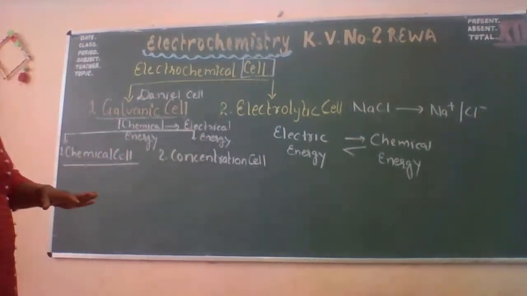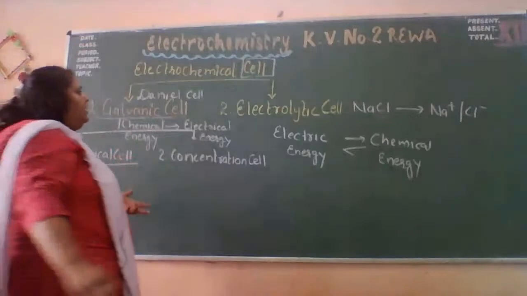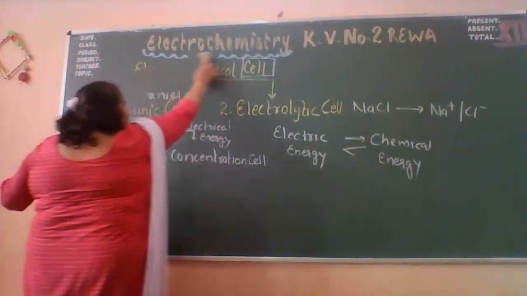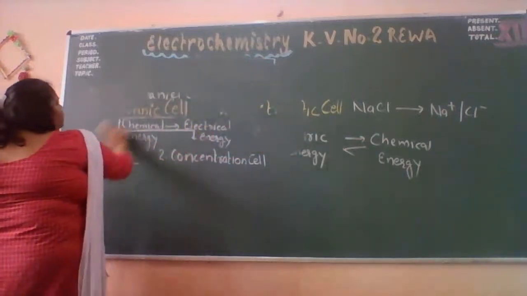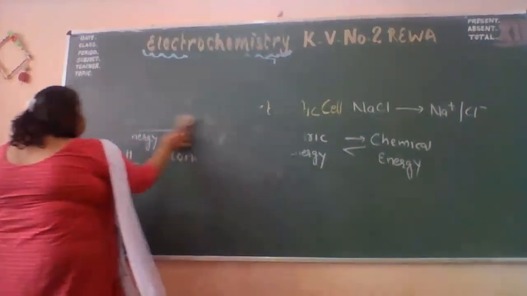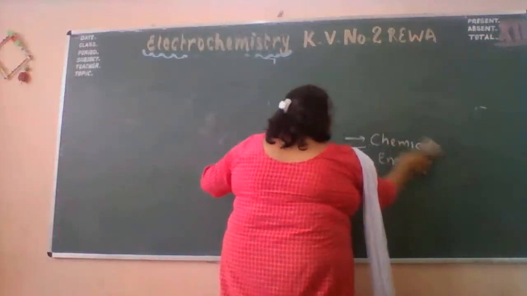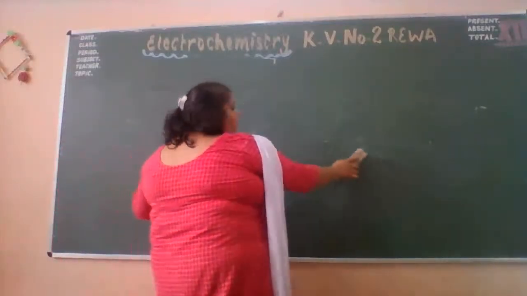Now I am coming to what chemical reaction takes place here. In all the different types of cells, the chemical reaction that takes place is the redox reaction, right?